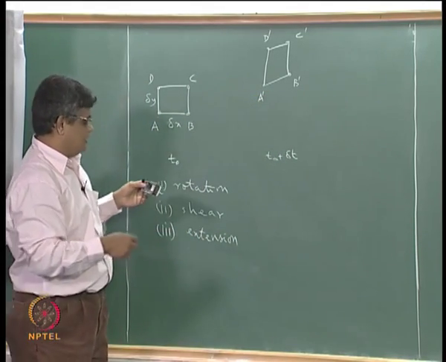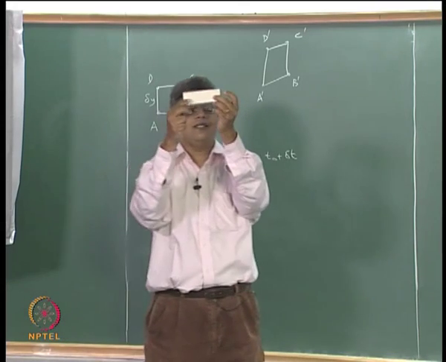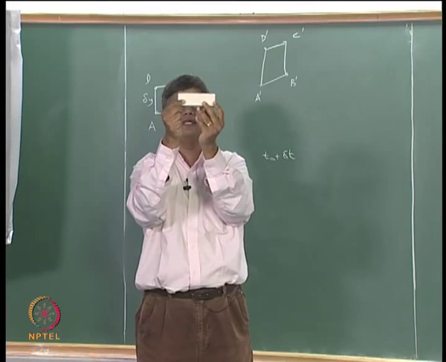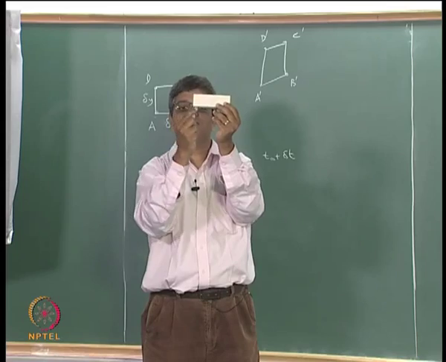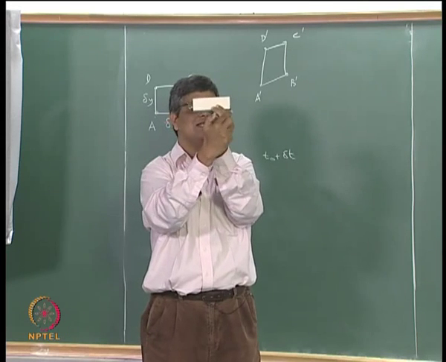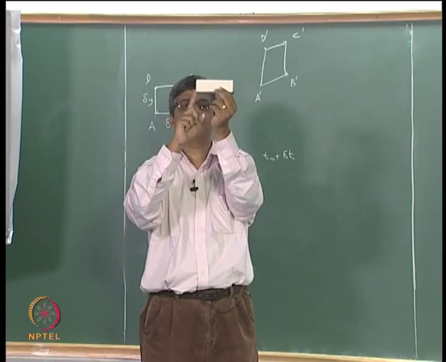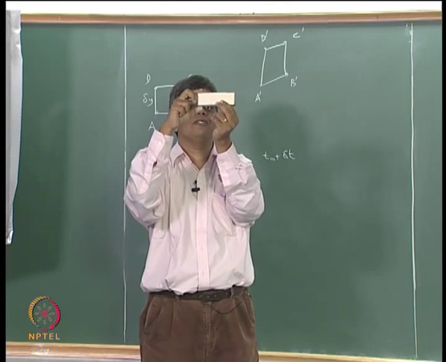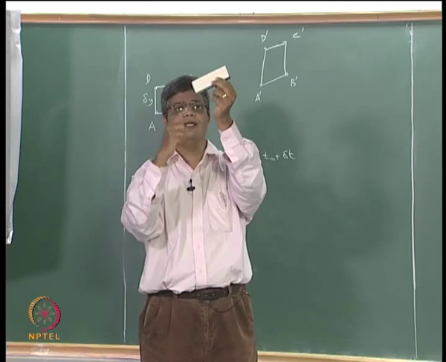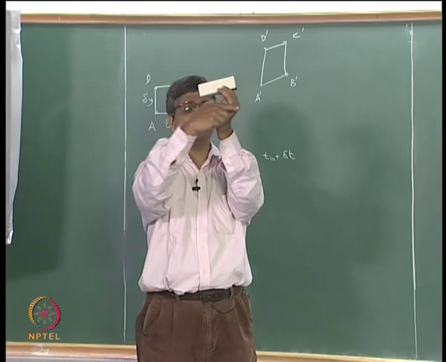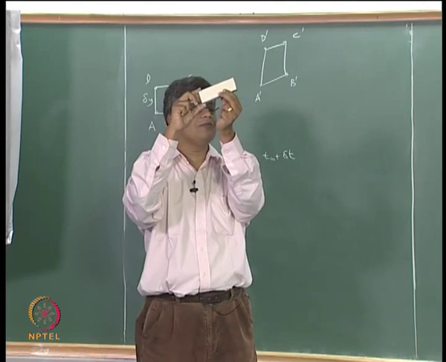Shear is where this particle and this particle have different vertical velocities. For example, if you focus only on these two particles, this particle has less velocity, so it will have moved this much, and this particle has more velocity, because of which it will have gone like this. So the side which was originally horizontal has become inclined.